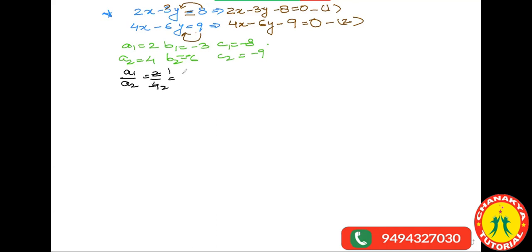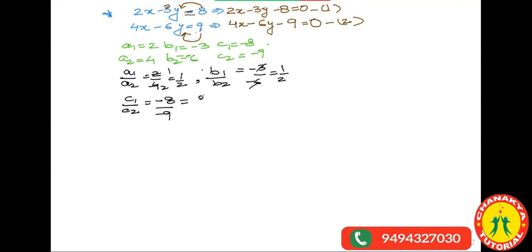Then b1 by b2, again 1 by 2, minus 3 by minus 6. So it will be 3 1s are 3, 3 2s are 6. Then c1 upon c2, minus 8 by minus 9, and this will be equal to 8 by 9.